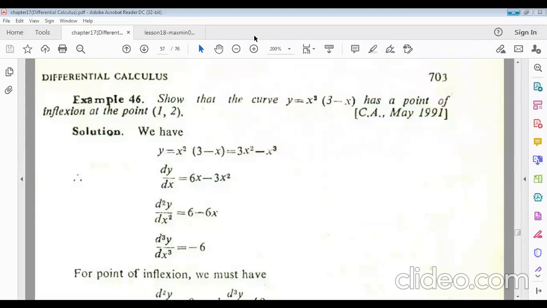Now another example. Show that the function y equals x squared into (3 minus x) has a point of inflection at the point (1, 2).